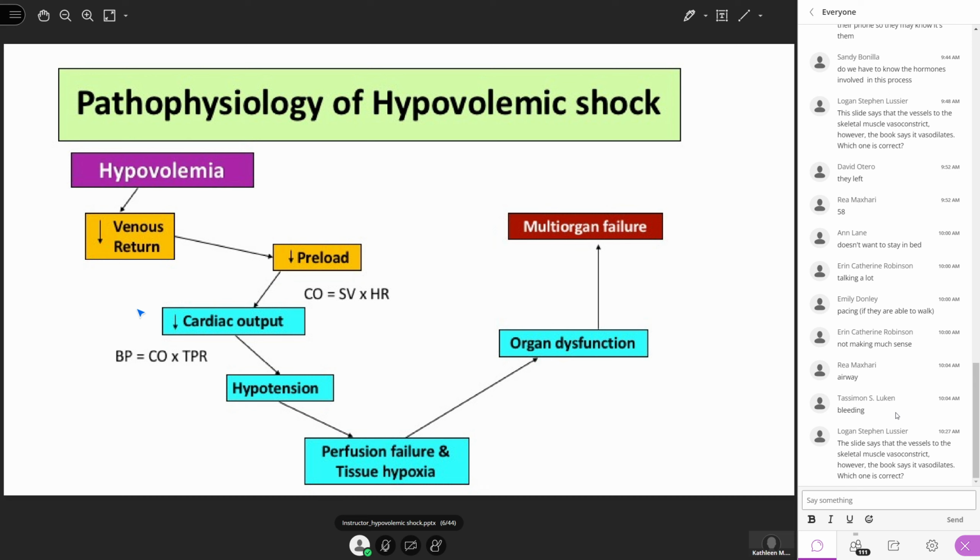When the body gets that signal that there's not enough cardiac output, it vasoconstricts the vessels in order to increase the preload. Remember, the venous return is low, and because the venous return is low, the preload is low. So when the baroreceptors are signaled, it vasoconstricts those vessels to increase the venous return, therefore increasing the preload and therefore the cardiac output.